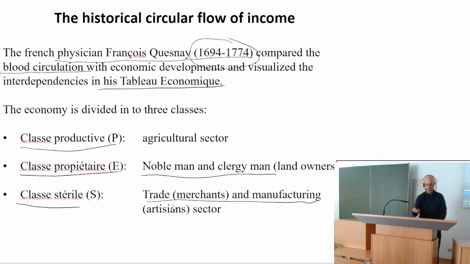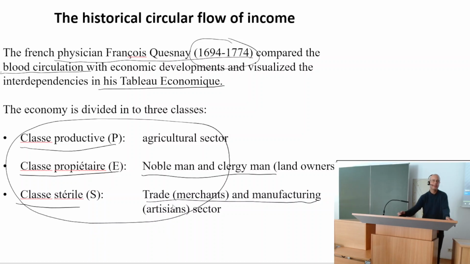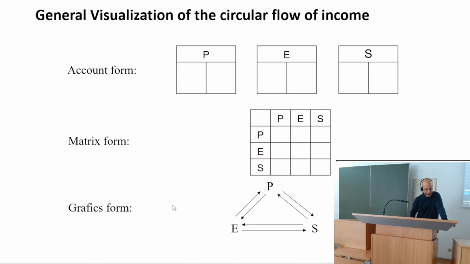And now we want to describe our society with a specific example. How are these sectors depending on each other? And for this, we in general have three possibilities how to describe them, how to visualize the dependencies between these sectors.